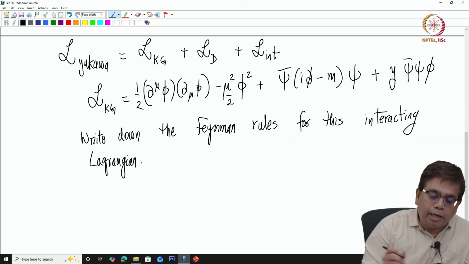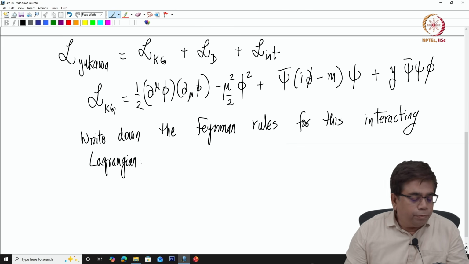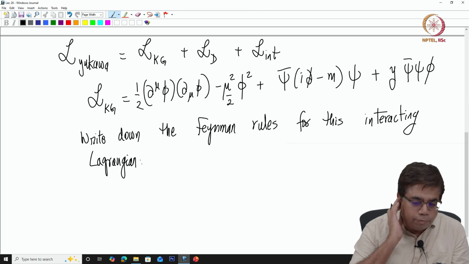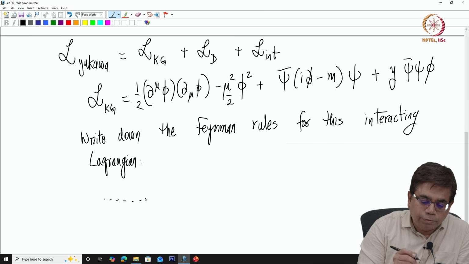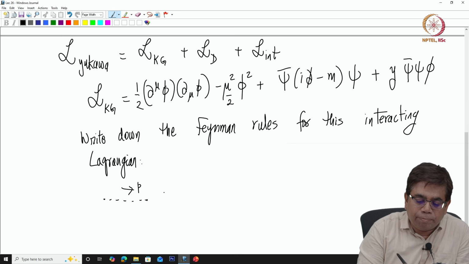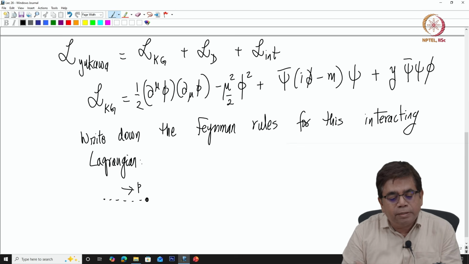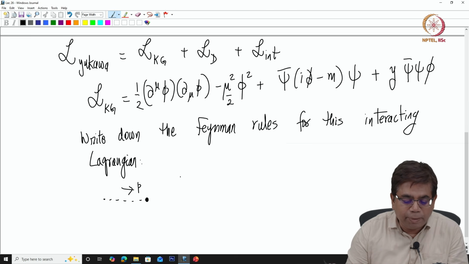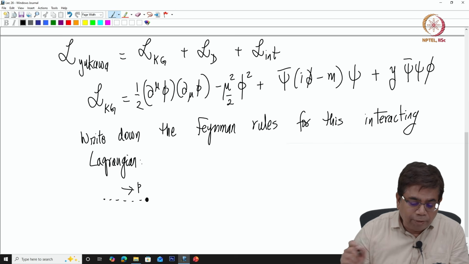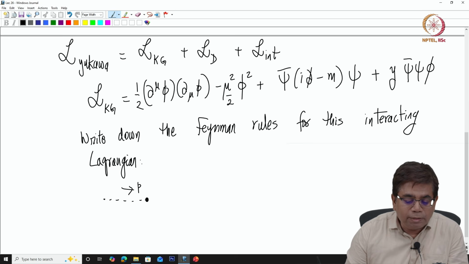The Klein-Gordon part is very straightforward. If you have an incoming or external scalar with a momentum p, it will just pick up a phase at the vertex. It will pick up e to the power minus ipx if it is a particle, and e to the power plus ipx if it is an antiparticle.